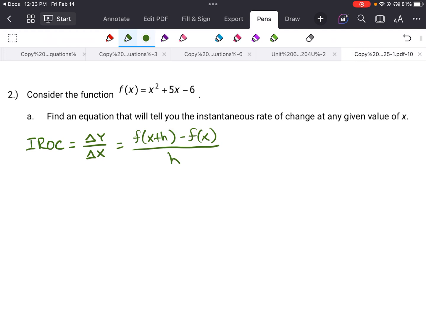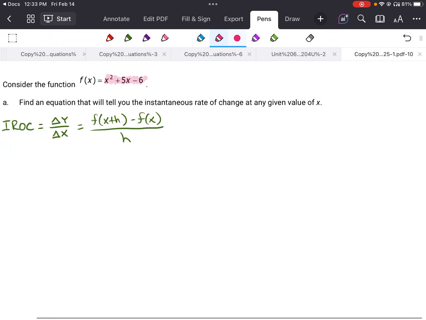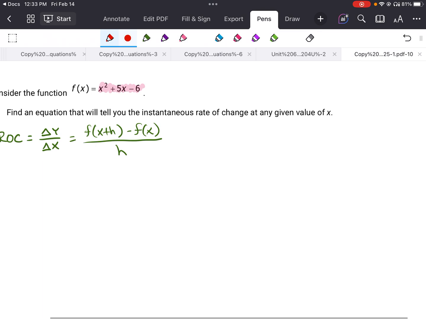Okay, and if we're looking at this specific equation, we're going to plug whatever's in our bracket into the x's of this equation.